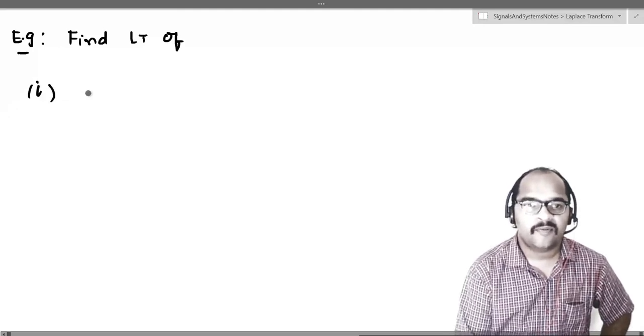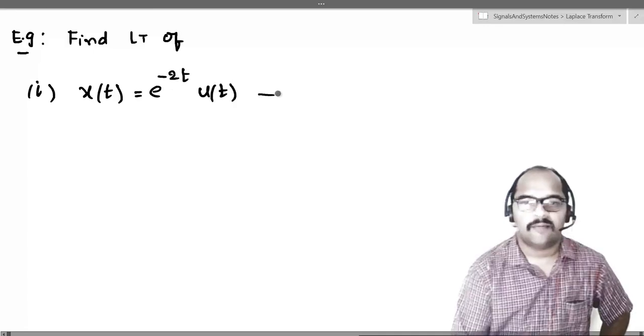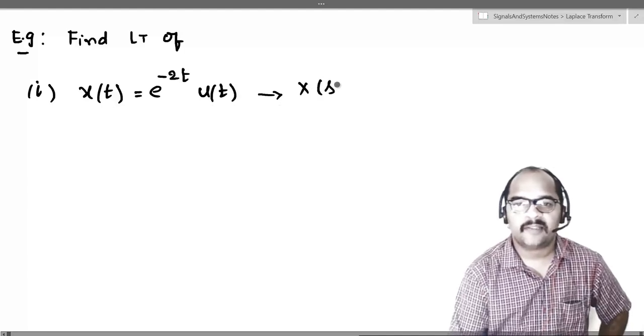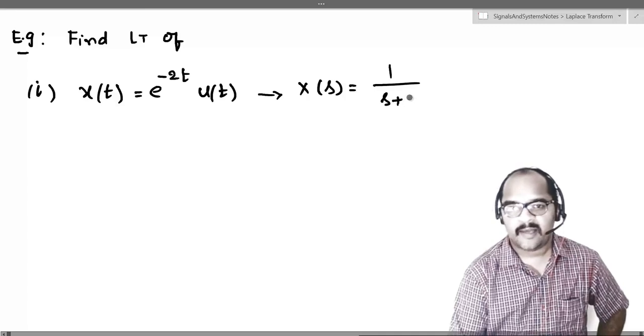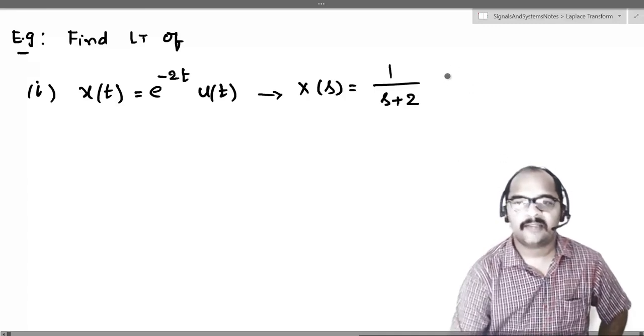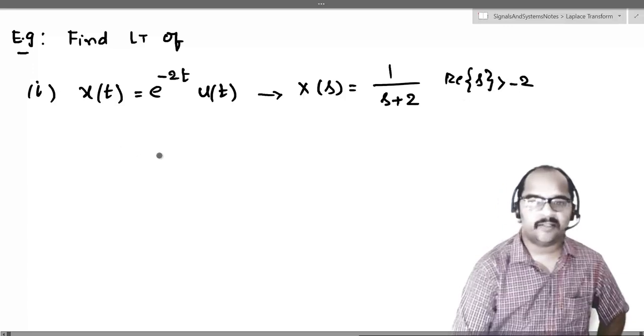First one, let us take x of t to be equal to, let's say, e power minus 2t u of t. So what will be this fellow's Laplace transform here? This fellow will have 1 by s plus 2 as the Laplace transform, and the ROC would be real part of s greater than minus 2.